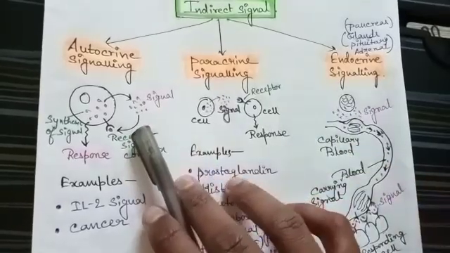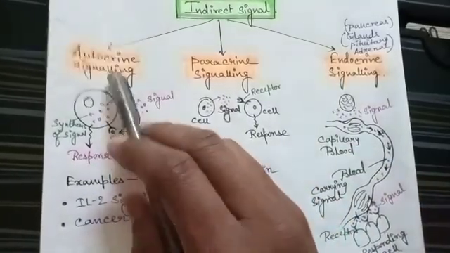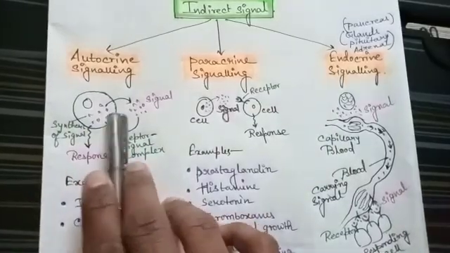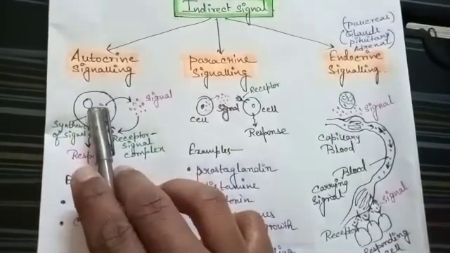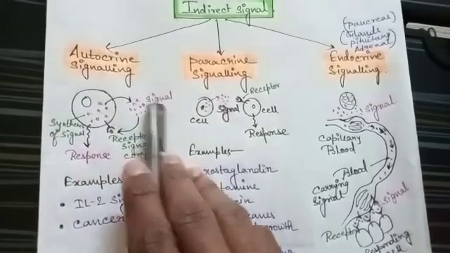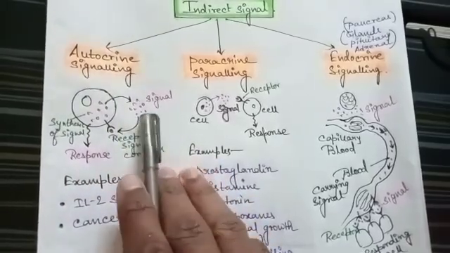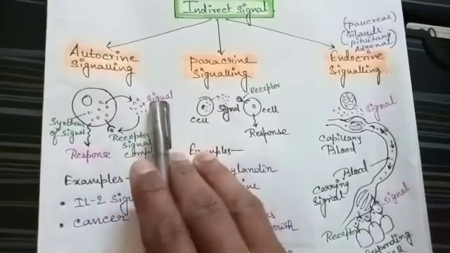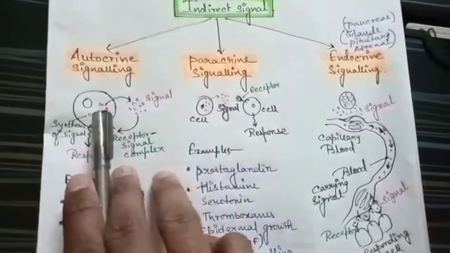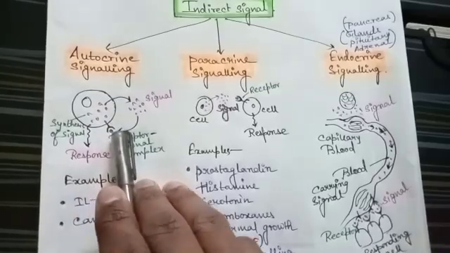Here autocrine signaling means auto means self. It is discussed through a diagram. It is a cell that synthesizes a signal, and it releases the signals in the cytoplasmic matrix, and these signals bind to its own receptors.